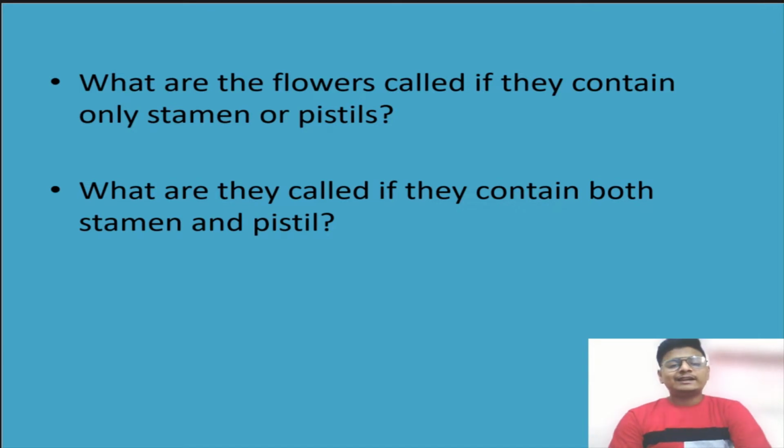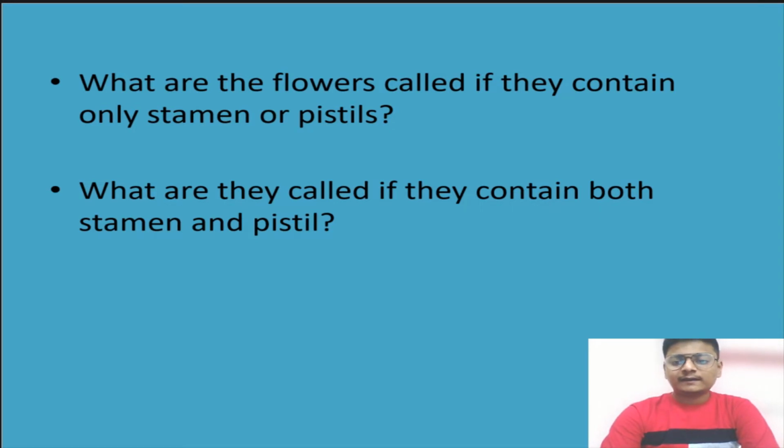Before this question, let me first summarize in detail what these reproductive parts are. Stamen is the male reproductive part and it produces pollen grains that are yellowish in color, and you must have seen this yellowish powder that often sticks to our hands when we touch the stamen of the flower. Pistil is present in the center of the flower and is the female reproductive part.